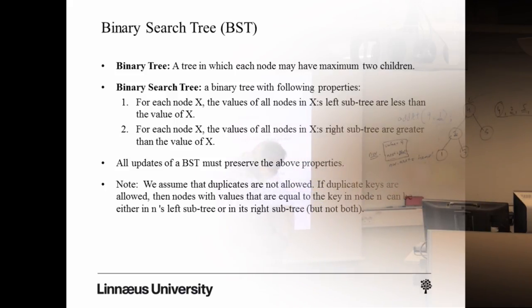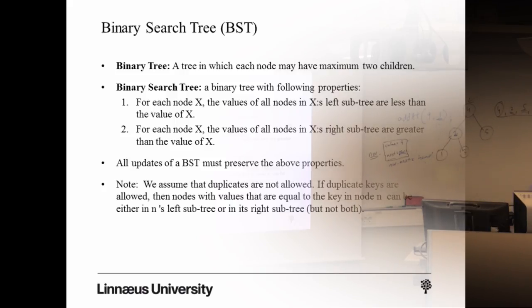Okay, and this kind of tree which preserves these properties is known as a binary search tree. It means that the values in a binary search tree are automatically sorted. We will see how these are automatically sorted, because all the values on the left will be less than the node itself, and all the values on the right side will be greater.